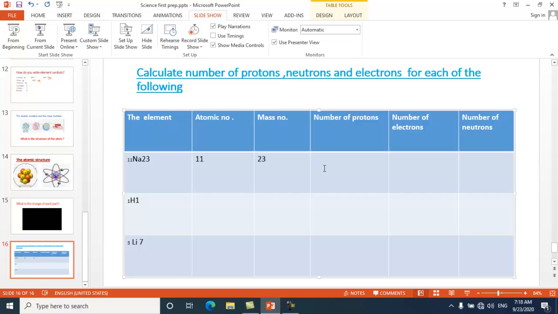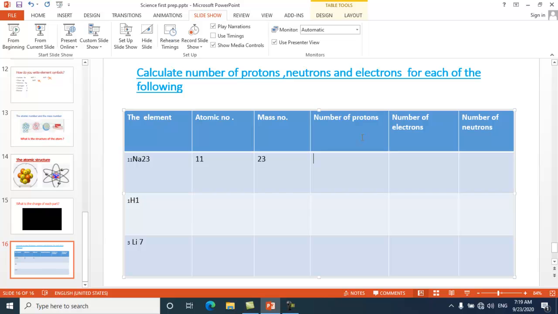When the atom tends to lose one electron or more, or tends to gain one electron or more, the number of electrons will change, but the number of protons doesn't change. So the number of protons is a constant number inside the nucleus. This number is called the number of protons or atomic number.